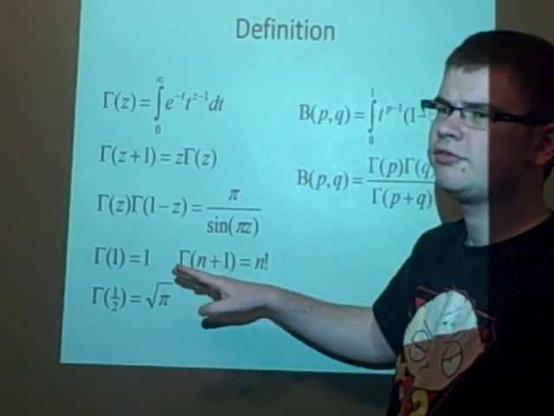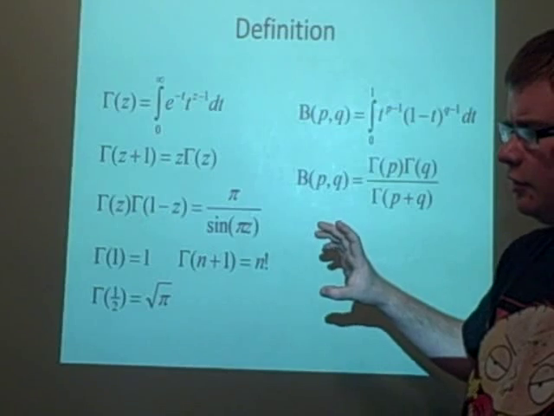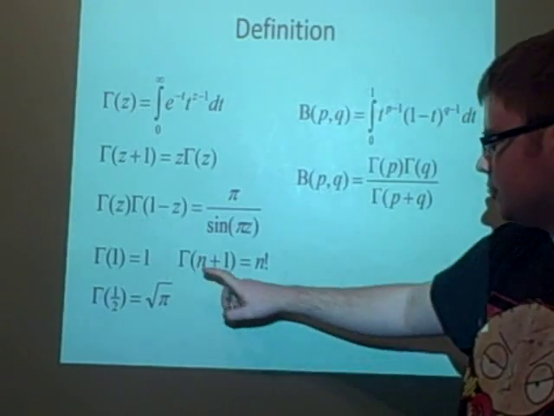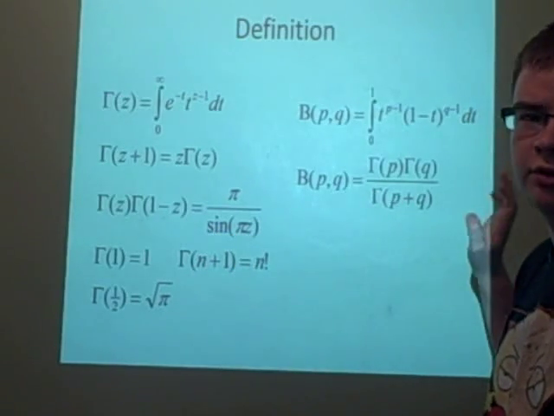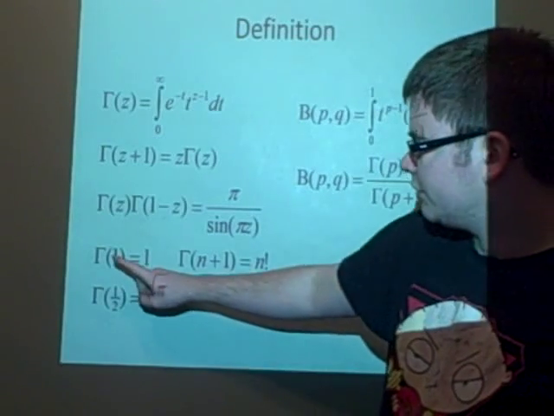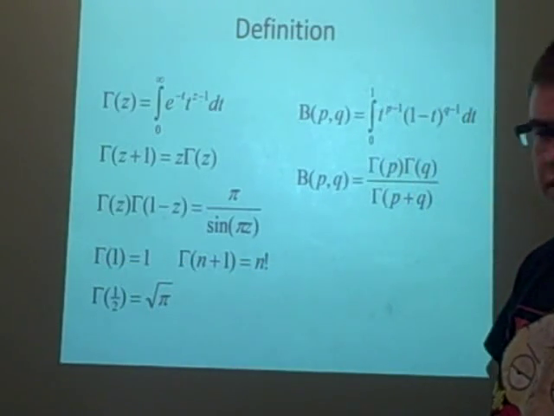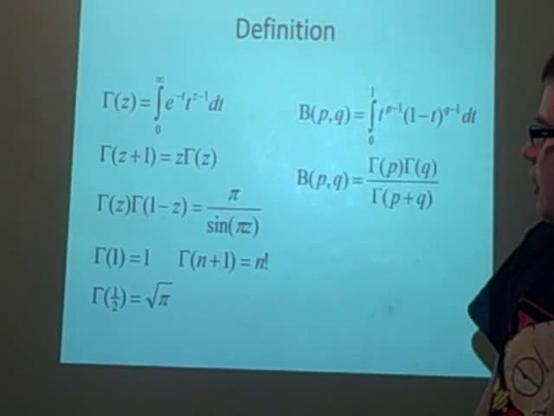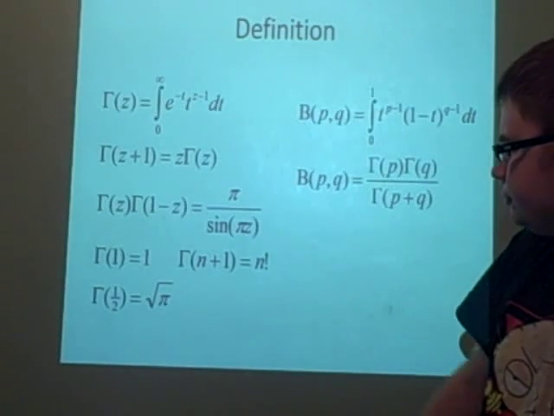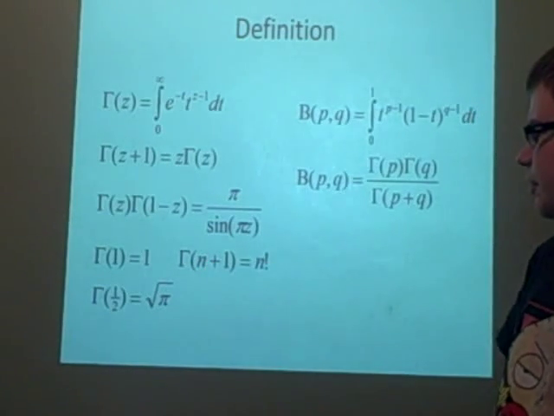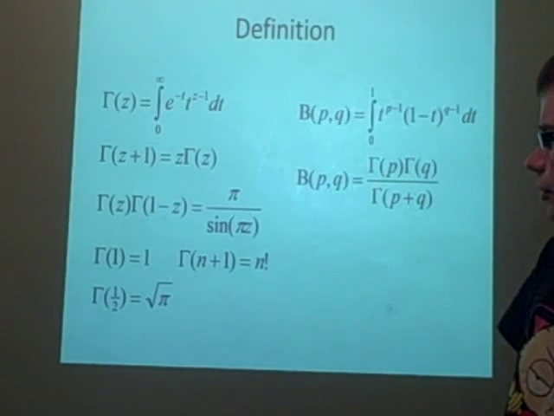now if we're going to have just the natural numbers, so 1, 2, 3, 4, 5, and so on, then we can have gamma of 1 is equal to the value 1, and gamma of n plus 1 is equal to n factorial.